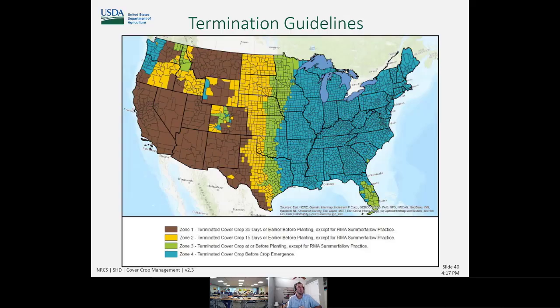Also, there have been a lot of opportunities for us to increase correspondence back and forth with different agencies. And RMA has done a really good job, I think, in addressing cover crops, because now they have a standalone cover crop page that addresses cover crops and implications for crop insurance. So be sure to check that out as one of your resources.